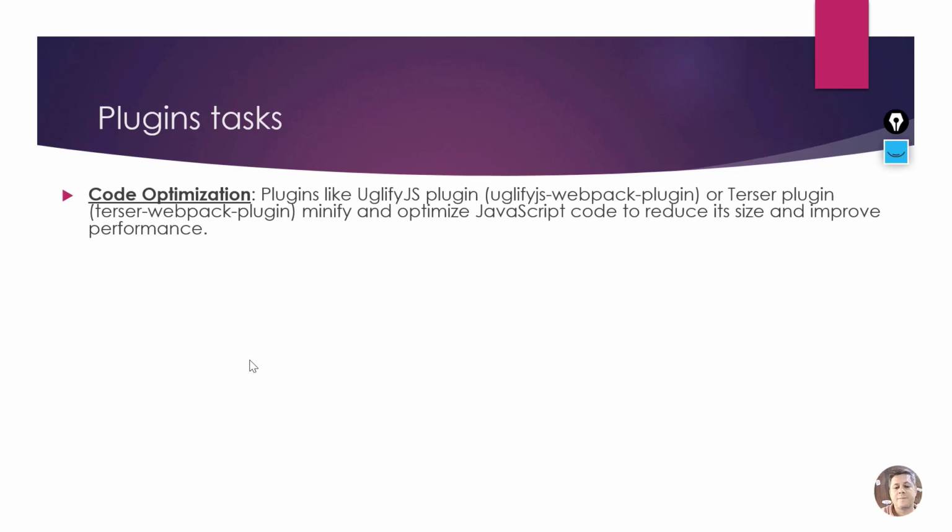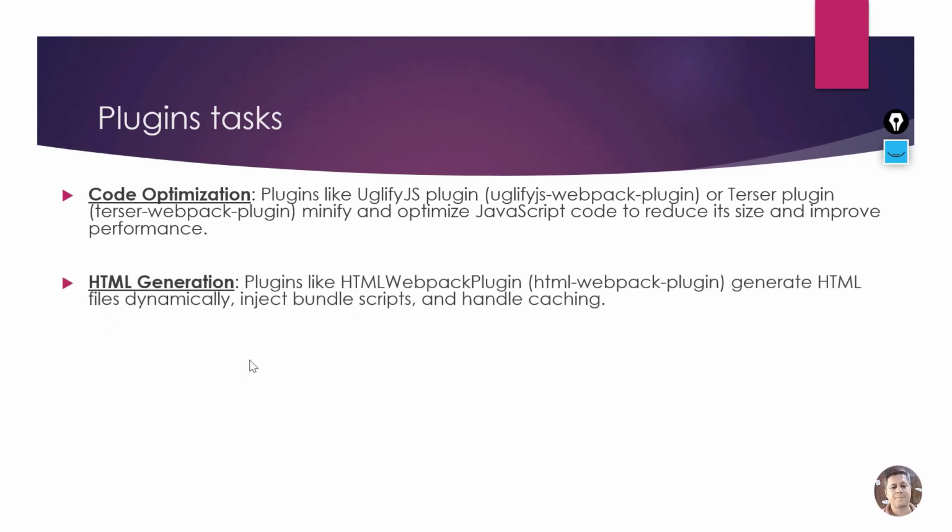One of the plugins is the UglifyJS Webpack plugin. What it does is minification. There is JavaScript code written in the traditional way. We want the minified version. We can use the Uglify plugin from Webpack.